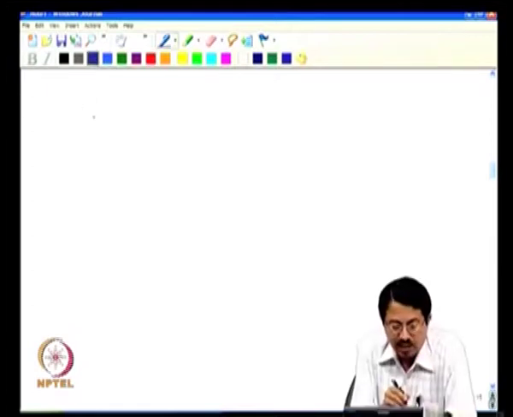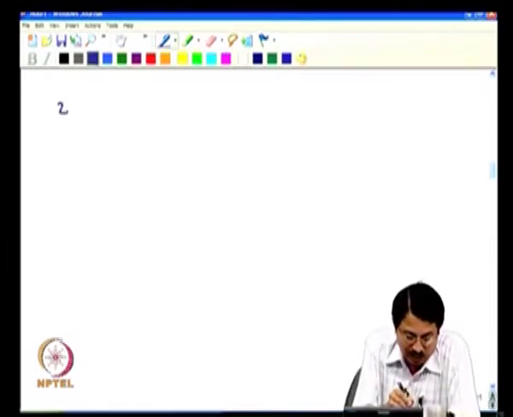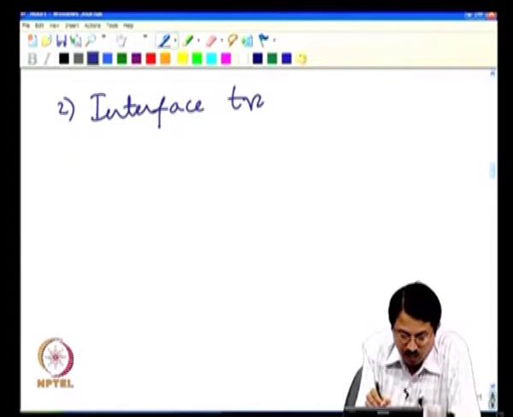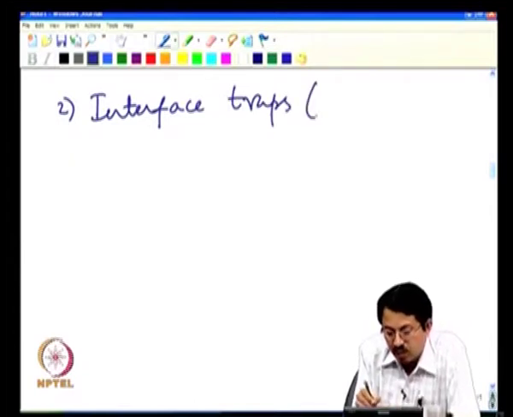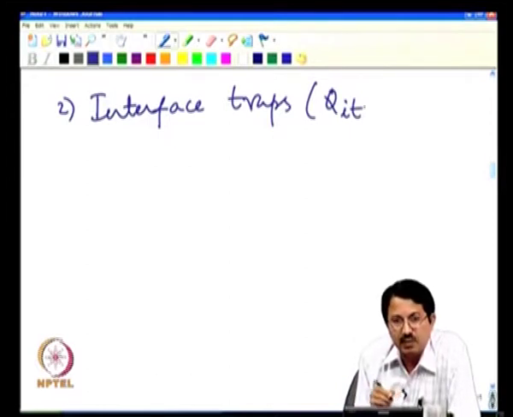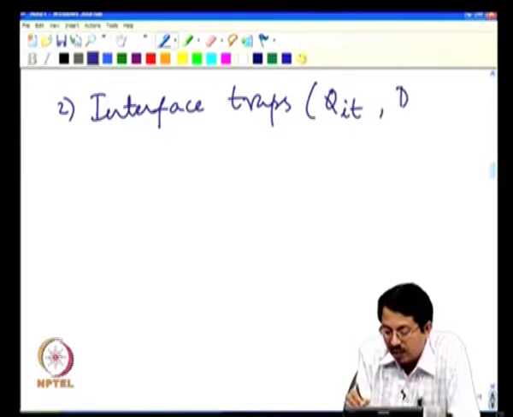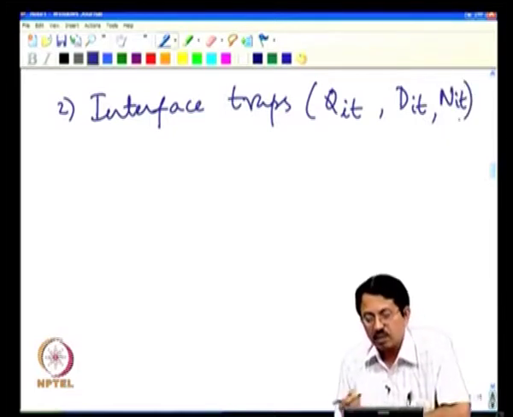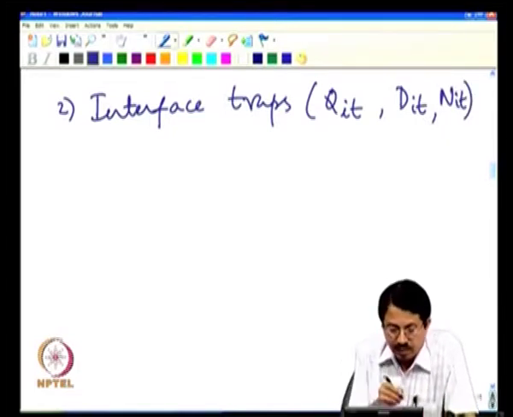The next non-ideality, which is also very important, is what is called interface traps. It is denoted as QIT, which stands for interface trapped charge, or DIT or NIT. There are different ways of denoting it.